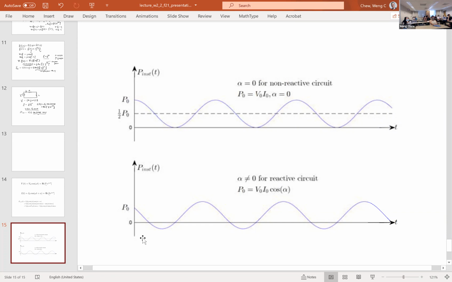However, if the current and the voltage are out of phase, there are instances where the total power is negative. What this means is that power is traveling from the load to the source. So power delivery is not one direction. In the top picture, the current and voltages are in phase, so the power is always going from the source to the load.